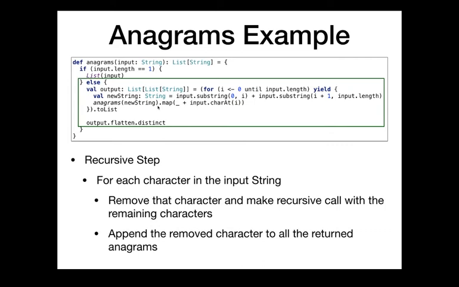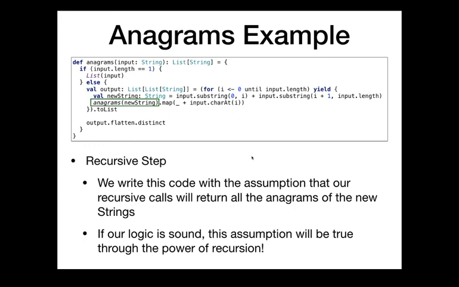So we're assuming, and then when we get that recursive call back, we're going to append that character that we removed to the end of each anagram that was returned. So we're assuming that this recursive call that we're making is going to return all the anagrams of that string.